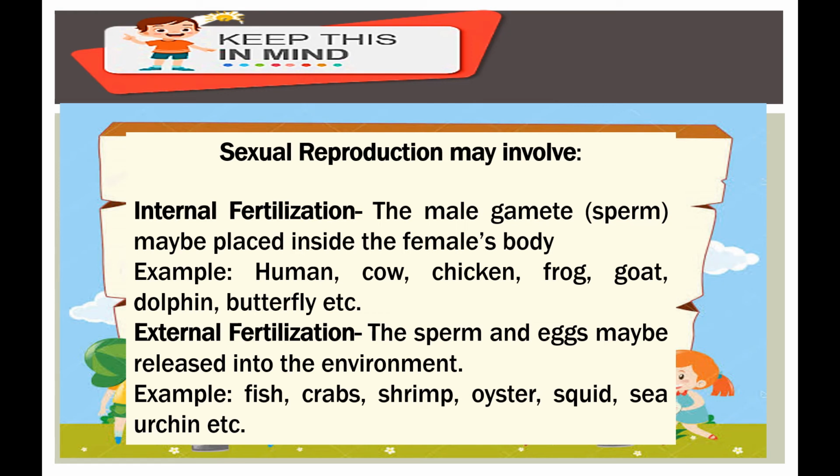Another, external fertilization. The sperm and eggs may be released into the environment. Example: fish, crabs, shrimp, oyster, squid, sea urchin, and so on.